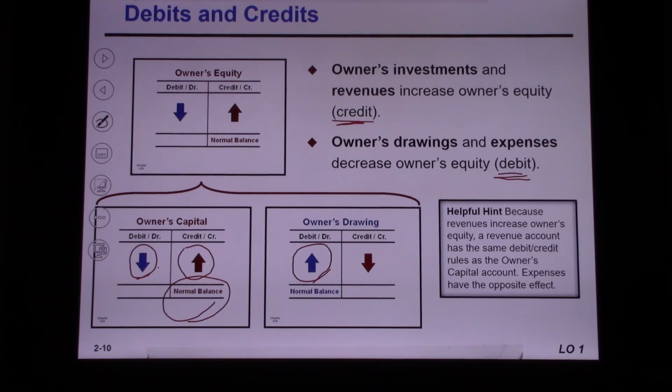When owner's drawing increases, it will be debited, and decreases will be credited. And again, what is the normal balance? The normal balance is always on the increase side, and in the case of owner's drawings, the increase side is the debit side.